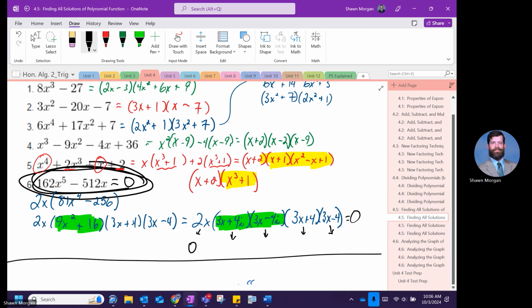Now, continue running through the list, Mr. Howell. What's the next answer going to be? You didn't have to, this is icing on the cake. Negative 4i over 3. And then the next one will be positive 4i over 3. So we'll say plus or minus 4/3 i.